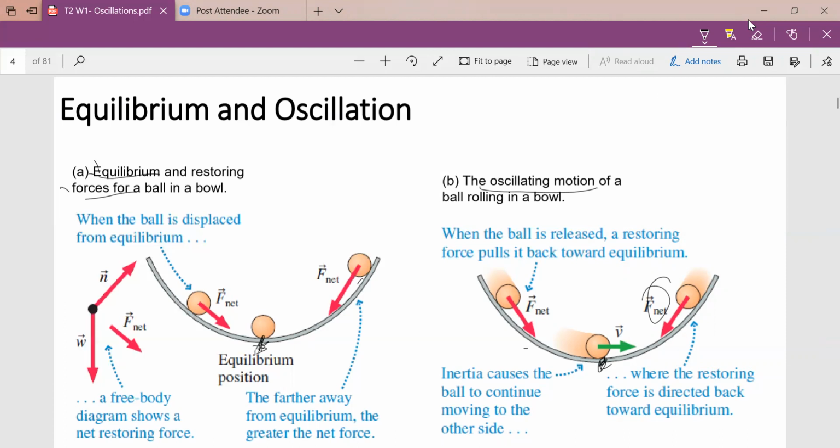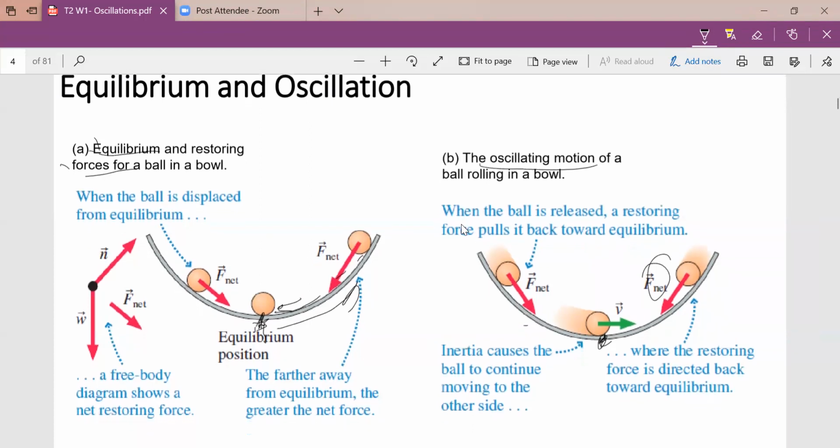Now, if you tilt the ball to your right, the net force tends to drag it back down to this equilibrium position. And when it gets to this equilibrium position, the inertial force, you know, the law of inertia, Newton's first law, takes it further beyond the equilibrium position to this side as well.